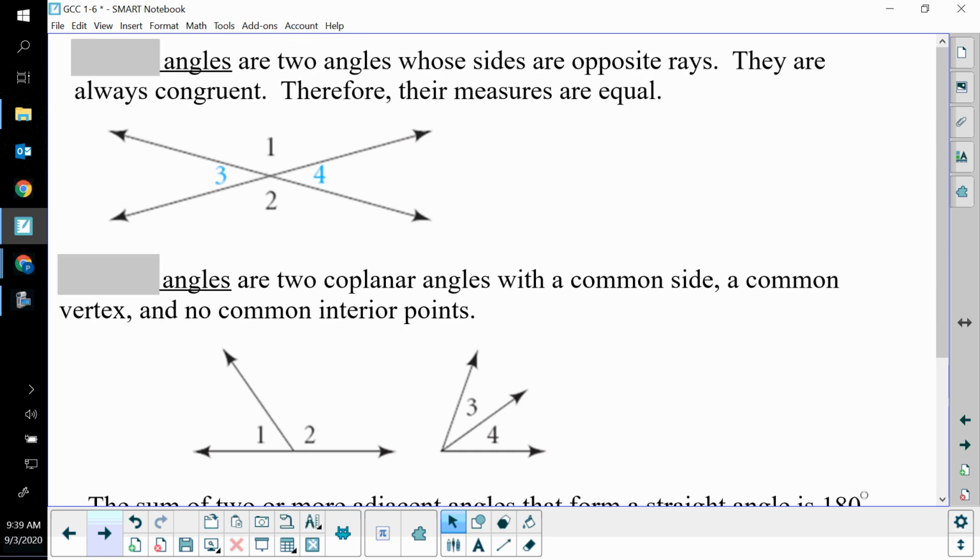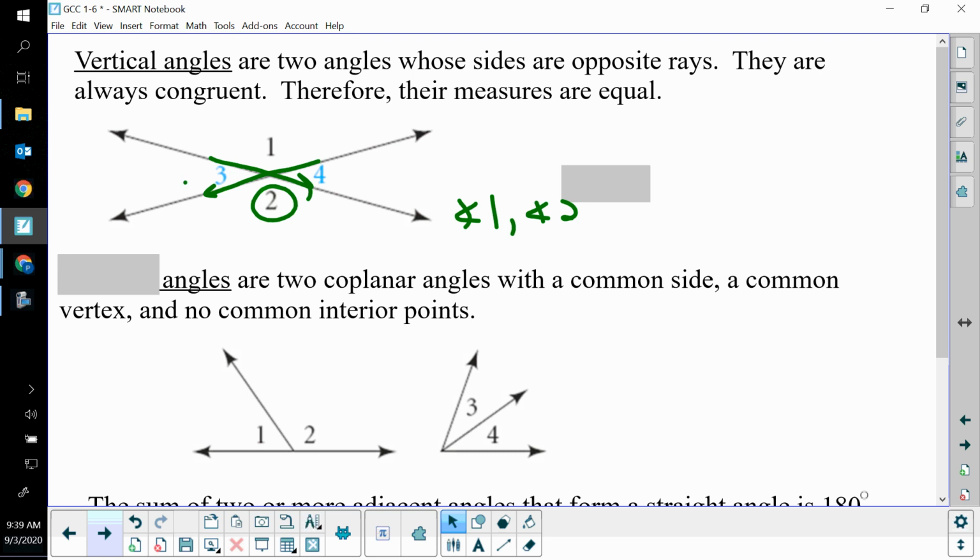Moving to the top of page 29, next we'll talk about vertical angles. So vertical angles are angles whose sides are opposite rays. So basically, if we look at this picture here and worked with angle 1 and wanted to know its vertical angle, we'll just take the sides of angle 1 and keep on going through, so its vertical angle would be angle 2.